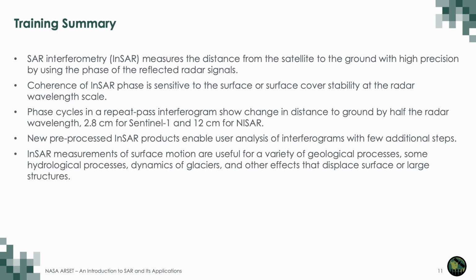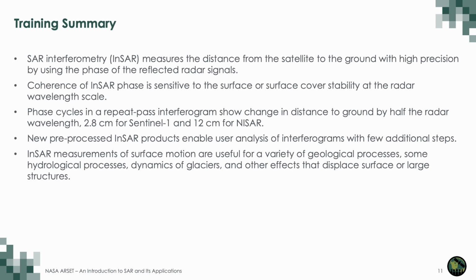SAR interferometry measures the distance from the satellite to the ground with high precision by using the phase of the reflected radar signals. The coherence of InSAR phase is sensitive to the surface or surface cover stability at the radar wavelength scale. Phase cycles in a repeat pass interferogram show change in distance to ground by half the radar wavelength.